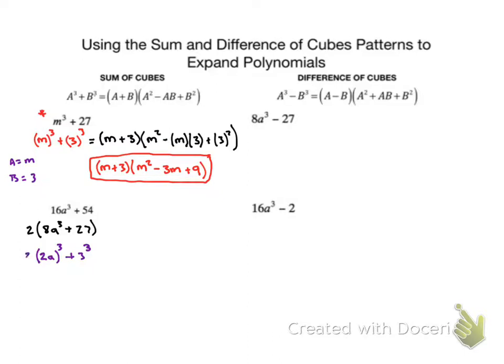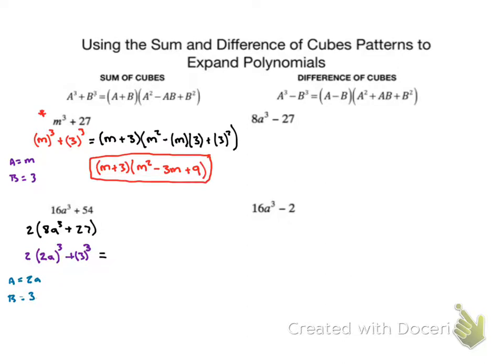And again, that 2 is still out there, still lingering. It doesn't disappear. So our A is equal to 2a, and our B is equal to 3 again.